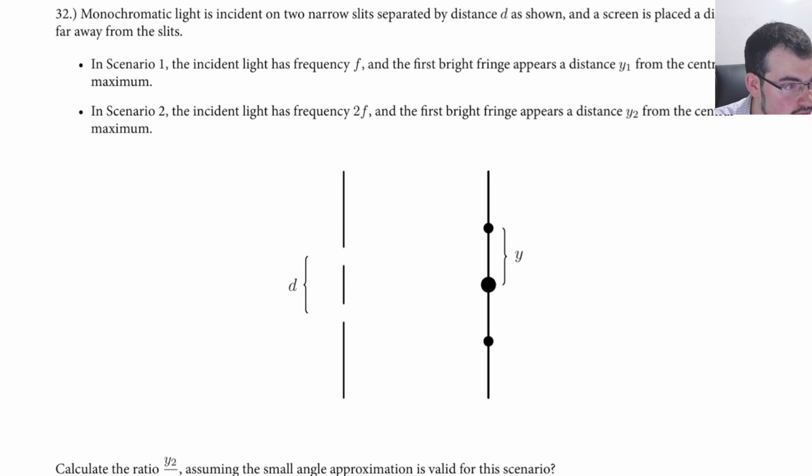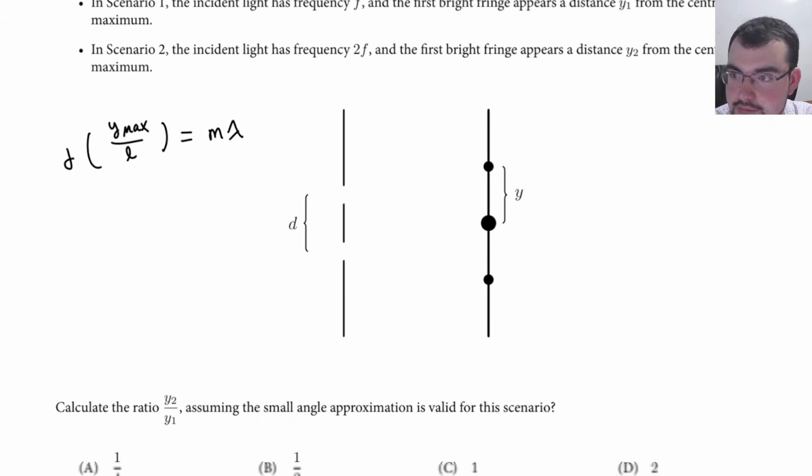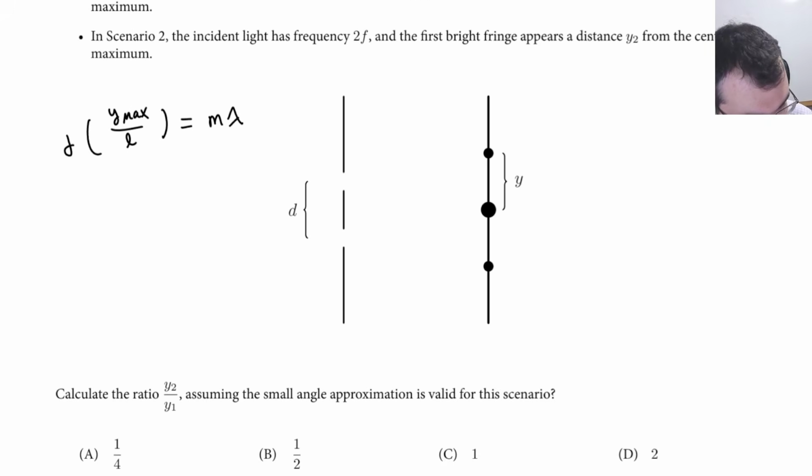So if we look at our equation here, we get this expression, d times y max over L equals m times lambda. So this means y max is proportional to lambda. So y max is proportional to 1 over the frequency.